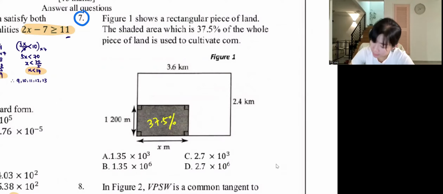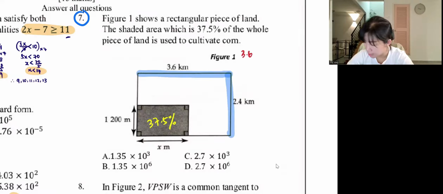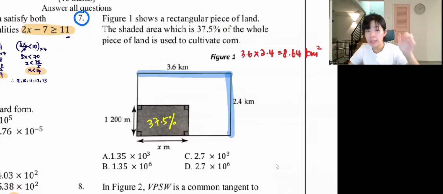Okay, so we can find the area of the whole land. We have length and width. So 3.6 times 2.4. So we get 8.64. The unit is in km square. So this whole land, the area 8.64.